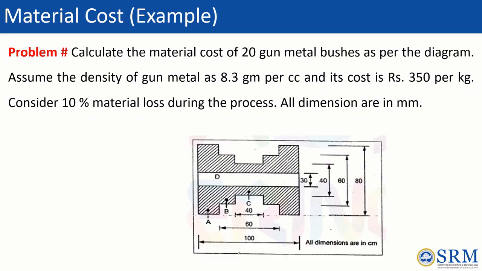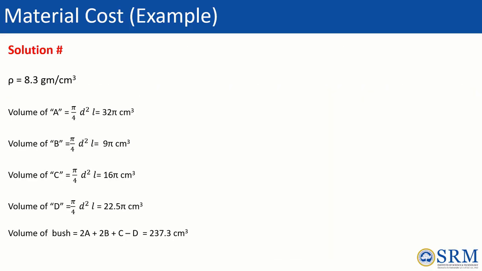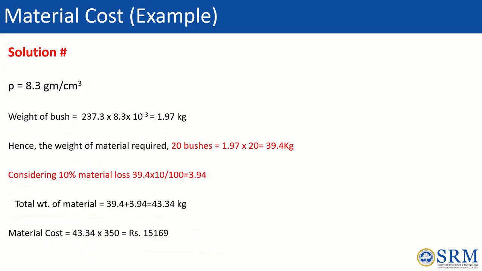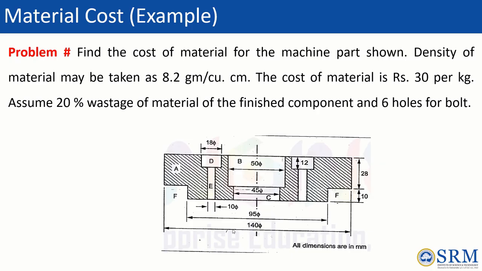The net volume is calculated by adding the volumes of all the outer flanges and subtracting the central stepped internal bore. Finally, considering 10% material loss, the total weight of the material will be 43.34 kg and the material cost will be rupees 15169.